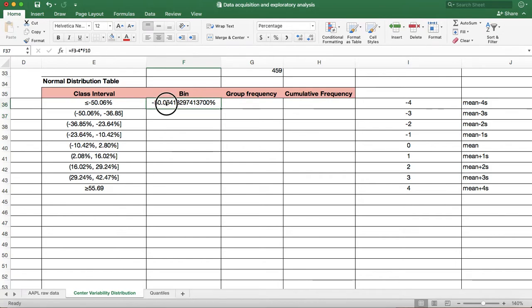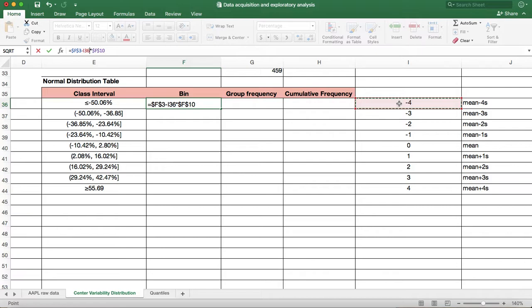Oh, we only need 2 decimal places, and then we make the mean and the standard deviation constant. That means make them absolute reference. Put a dollar sign. Actually, I need to make the 4 a relative reference.